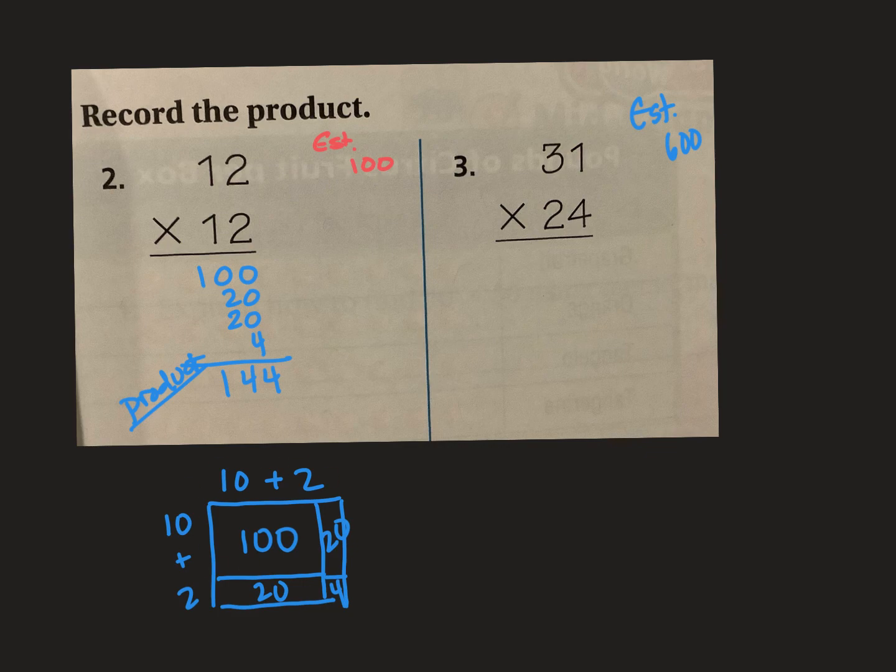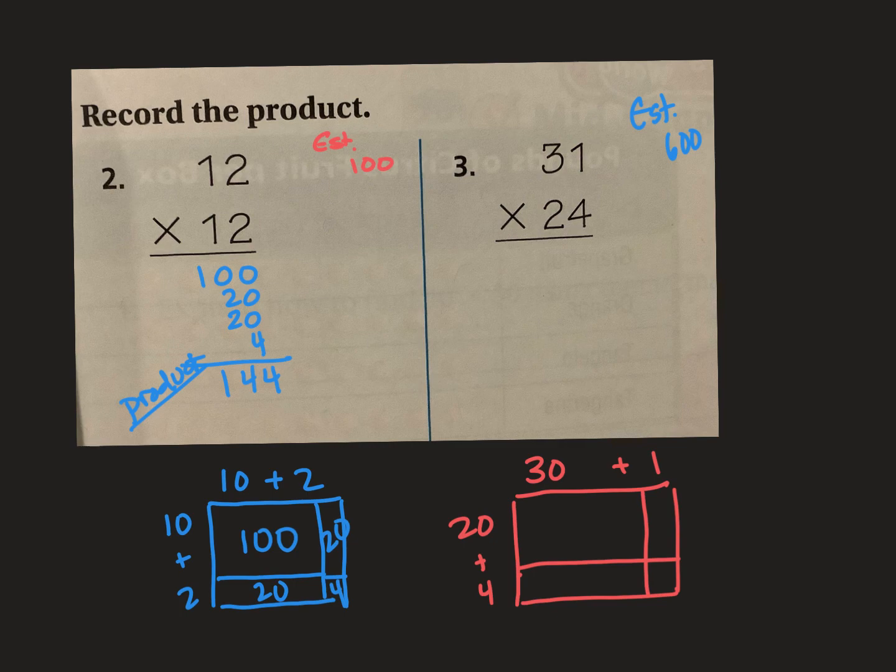I want to make sure your brain has the understanding of what we're doing. Okay, so I have 30 plus 1 makes 31, and 20 plus 4 makes 24. There we go. That way your brain knows what's going on.